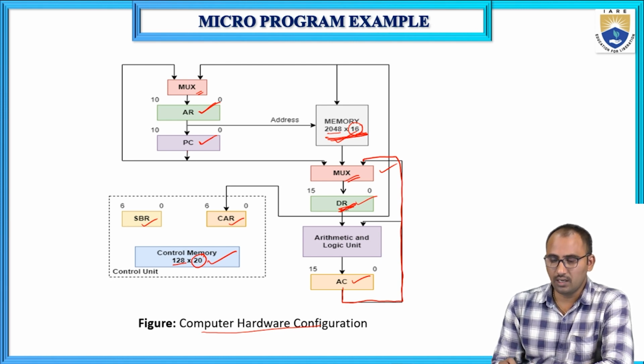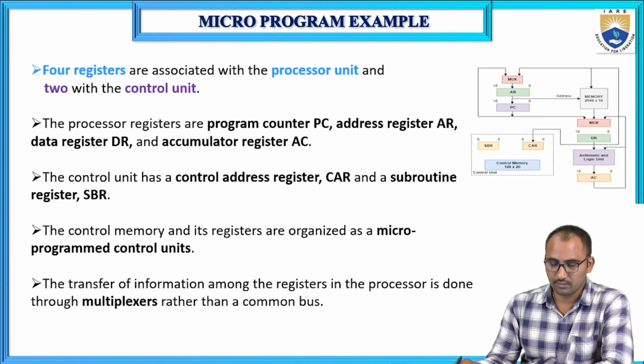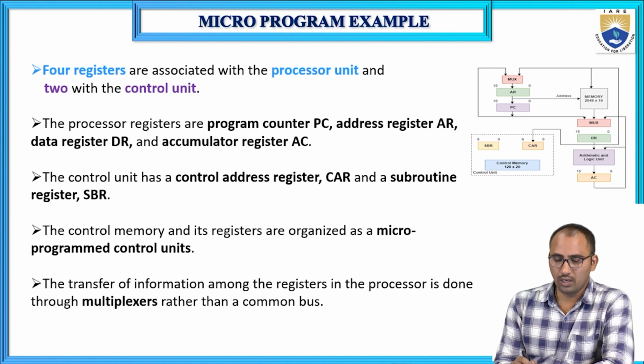Okay. So this is about the computer hardware configuration. In total, 4 registers are associated with the processor unit and 2 registers with the control unit.